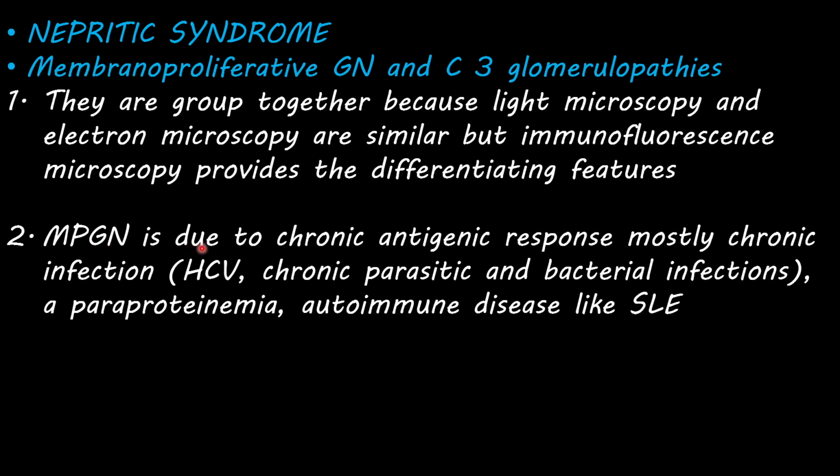Membranoproliferative GN is due to chronic antigenic response, mostly chronic infection like hepatitis C virus, chronic parasitic infection like chronic malaria, and chronic bacterial infection. It leads to membranoproliferative glomerulonephritis or a paraproteinemia. Chronic autoimmune disease like SLE can also cause it.